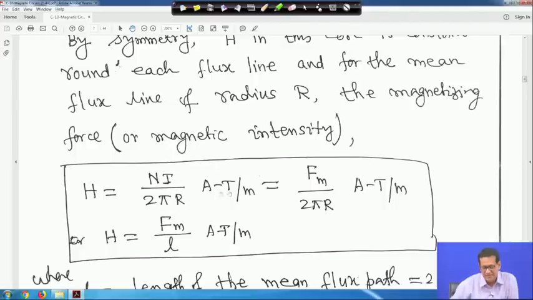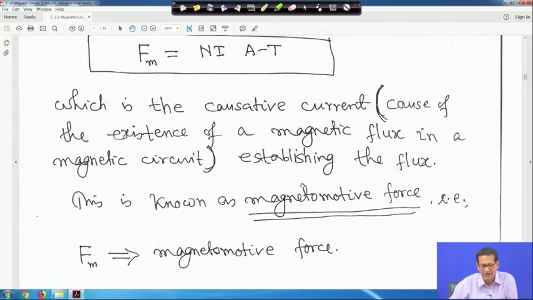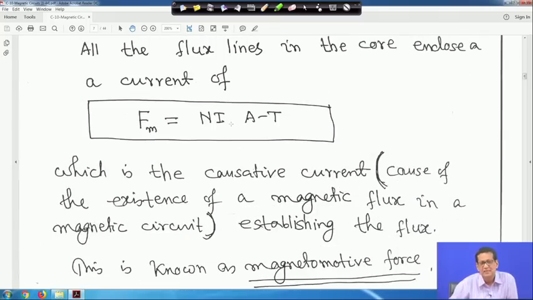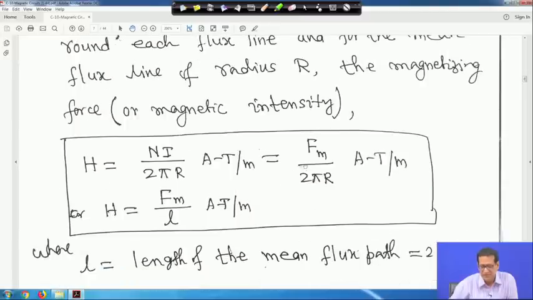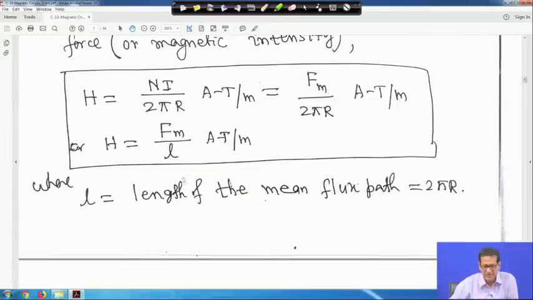Ni is ampere turns and this is the length, so ampere turns per meter. Ni is equal to Fm, as we defined Fm equal to Ni. Substituting, H is Fm upon 2 pi r ampere turns per meter, or H is equal to Fm upon L ampere turns per meter, where L is the length of the mean flux path, that is the circumference, 2 pi r. So H is equal to Fm upon L.